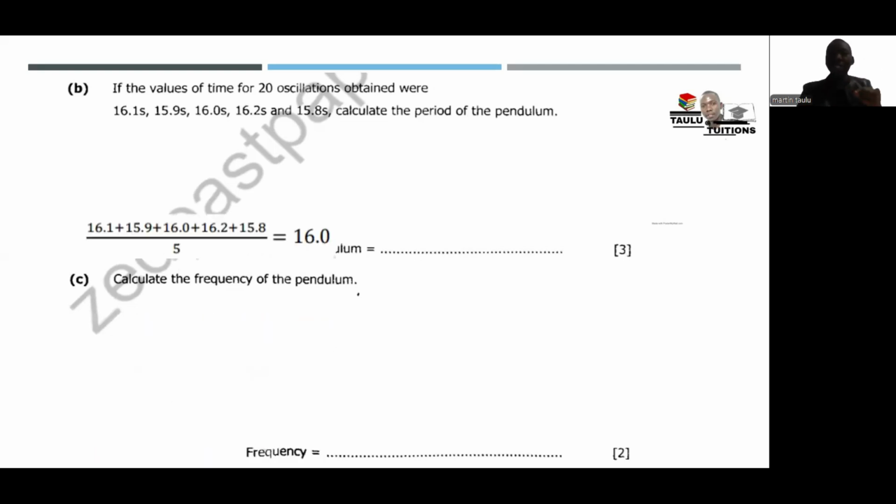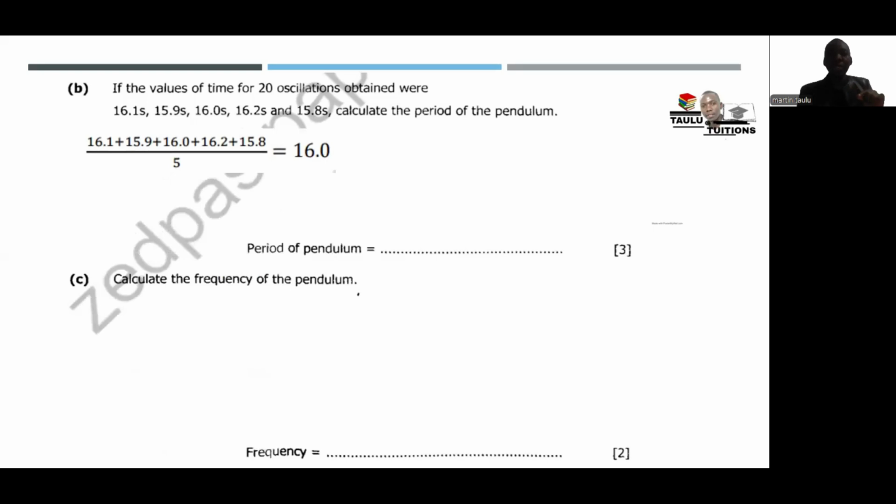We get the average time that way. So I've added everything, 16.1 plus 15.9 plus 16.0, and so on. We divide by how many values are these? There are 1, 2, 3, 4, 5. So we divide by 5. We get the average time, which is 16.0 seconds.